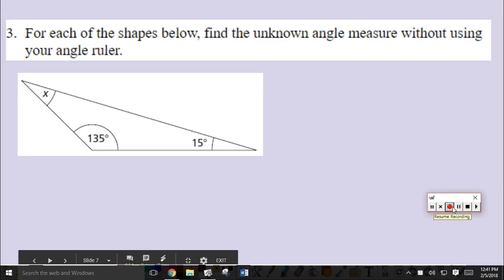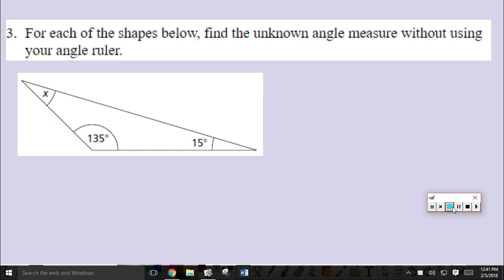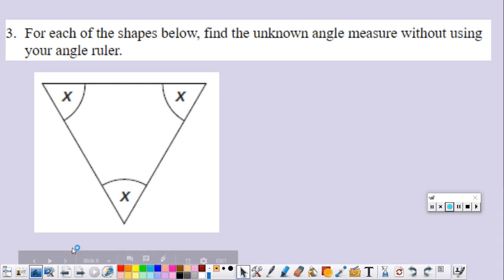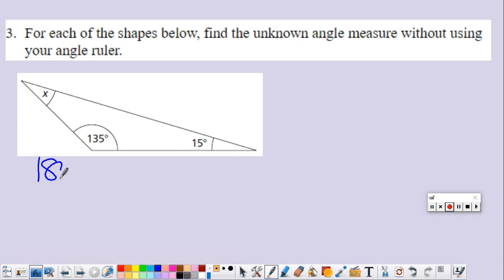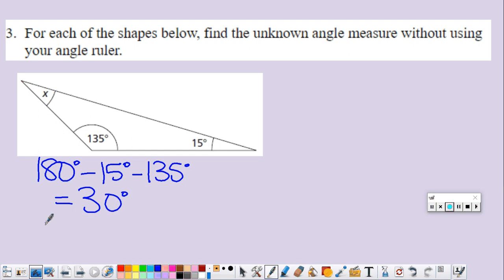Keston, how did you solve this first triangle? We are discussing 180 minus 15 minus 135. Okay, and what did that give you? 30 what? Degrees. Okay, why would Keston subtract 15 and 135 from 180?